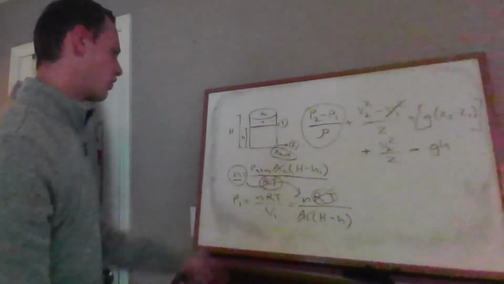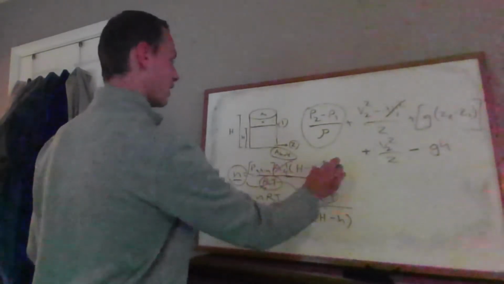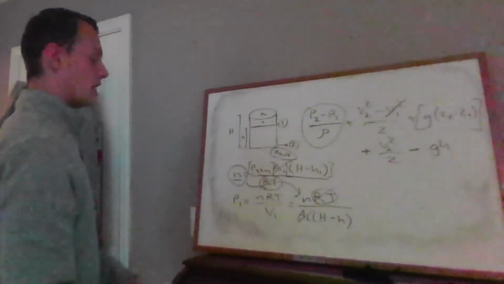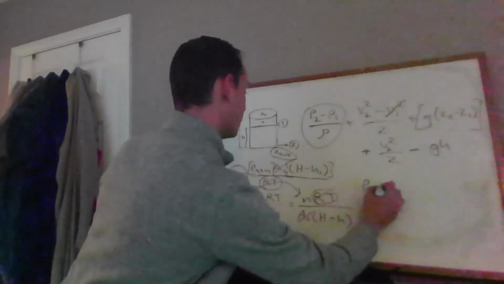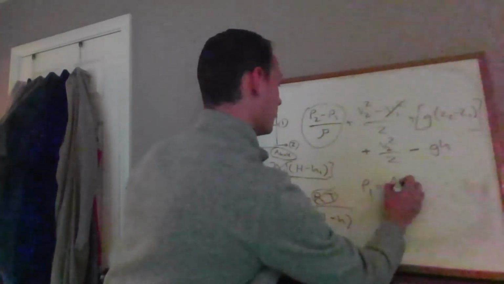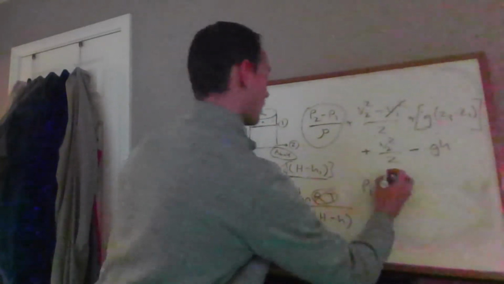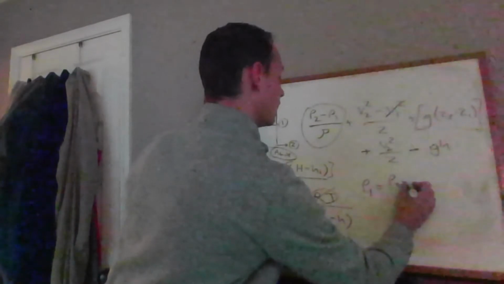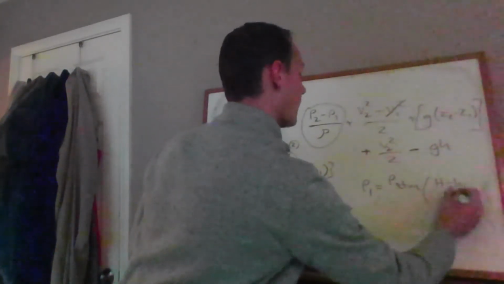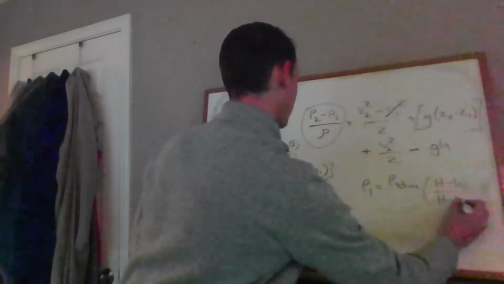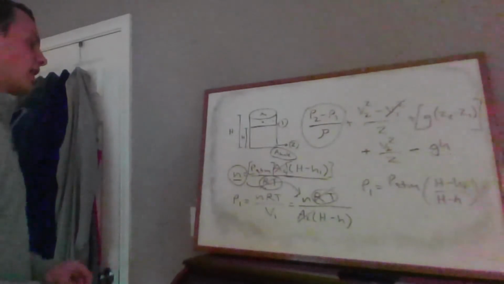Okay, so what are we left with? Well, we're left with the pressure of the atmosphere and then the height differences there at the start. So we get this expression for the pressure at position 1. Oh, sorry, that's actually what we just canceled. I'm looking at the wrong thing. So it's that, and then we have H minus H sub I over large H minus H. Okay, so that's your expression there.